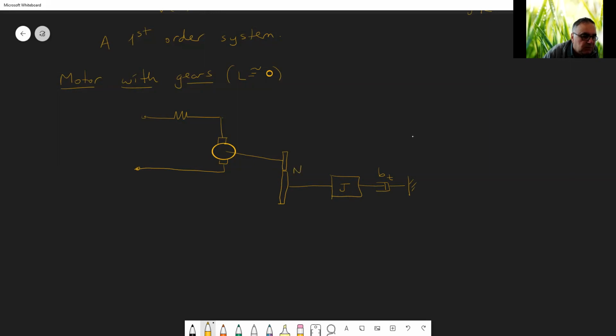So this is gearing with a gear ratio of n. This is omega 1 and T1. This is omega 2 and T2. This is R. This is V. The current that goes through is I.